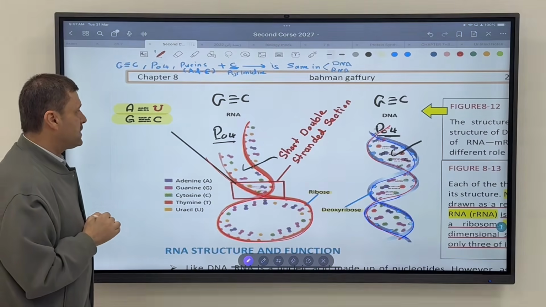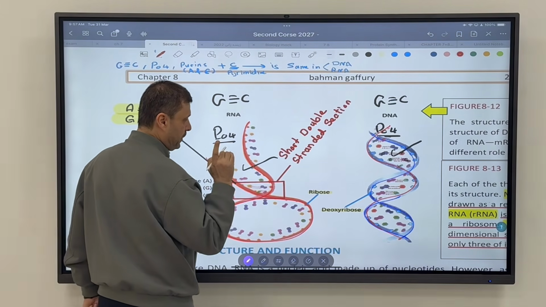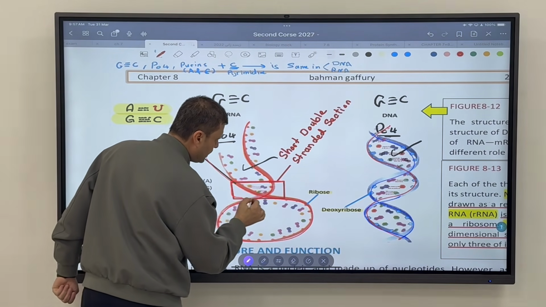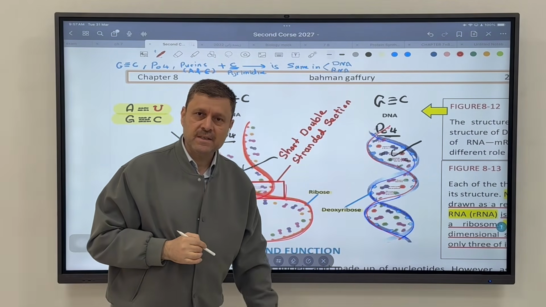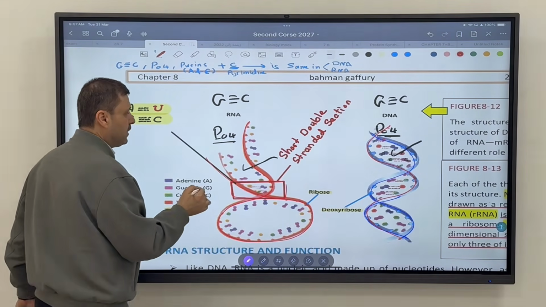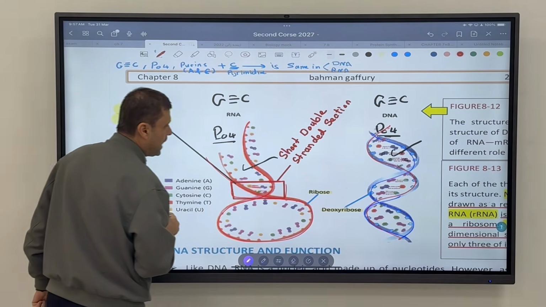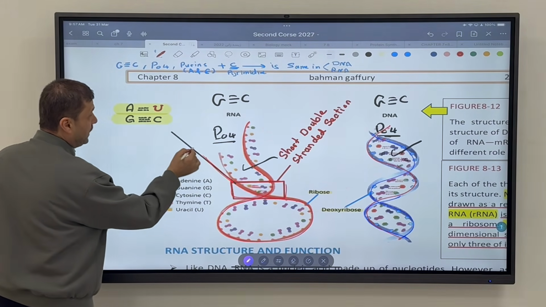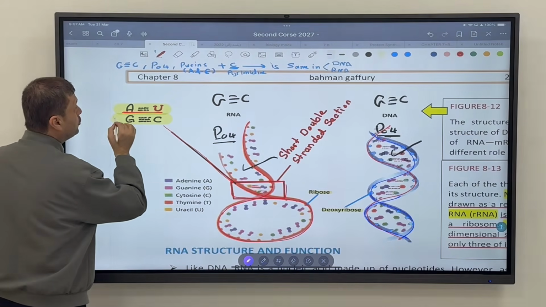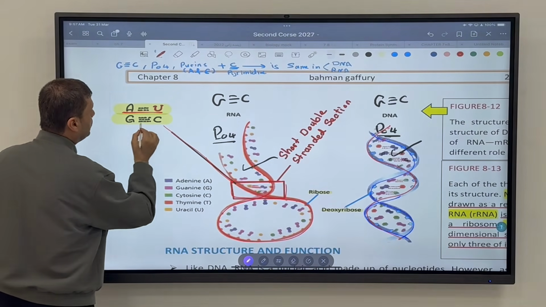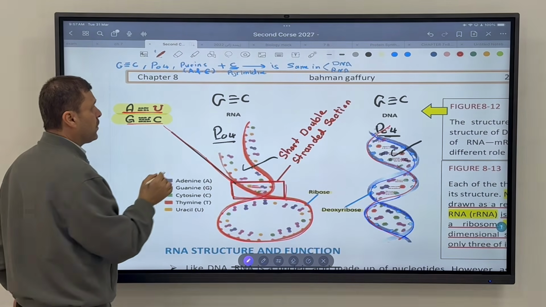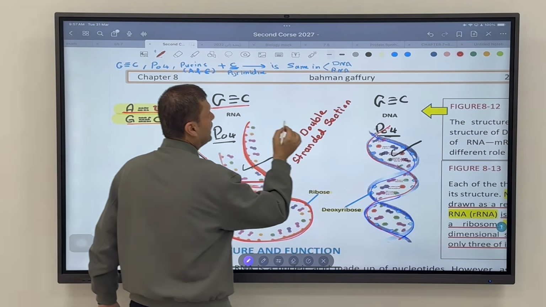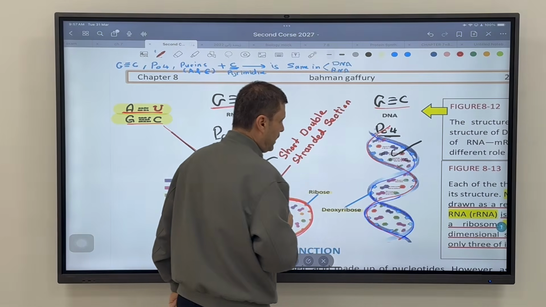Okay, but sometimes the single-strand RNA, be careful, folds, and during folding it forms short double-strand sections. And also, the hydrogen bonds in the RNA will be between A and U because there's no T, and also between C and G, the triple bonds. So the triple bonds are the same in both DNA and RNA.